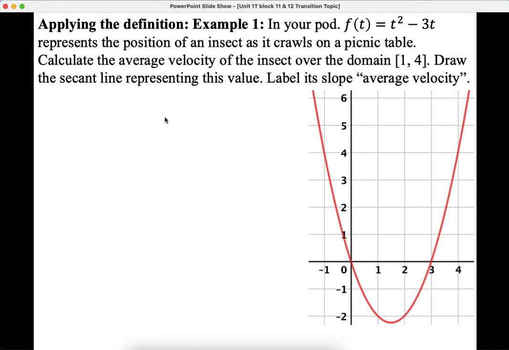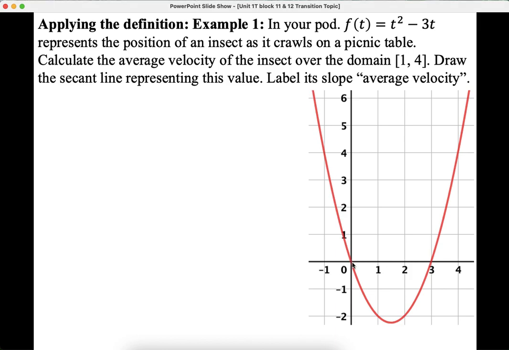So the context of this problem is that this function represents the position of an insect as it crawls on a picnic table. Being a physical representation of an insect crawling, of course this part of the parabola wouldn't make much sense because it's negative time.